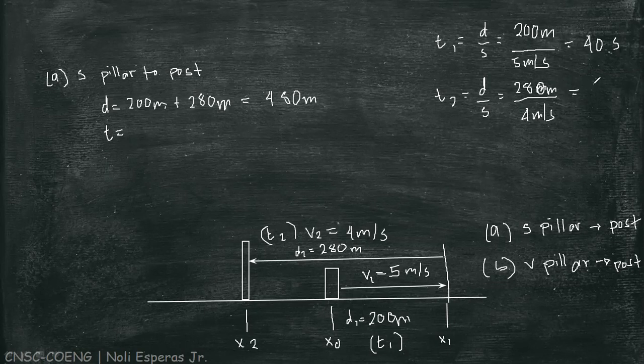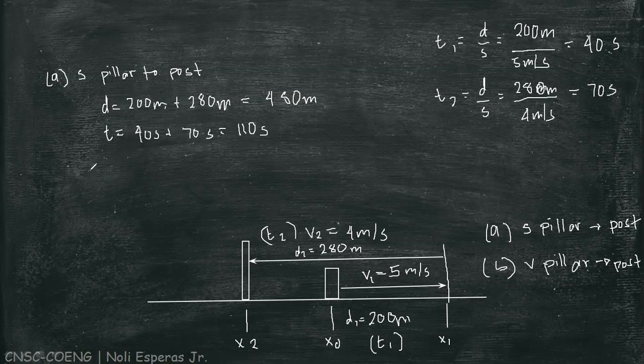Therefore, you have 70 seconds. So your elapsed time traveling from pillar to post is 40 seconds plus 70 seconds, which is equal to 110 seconds.